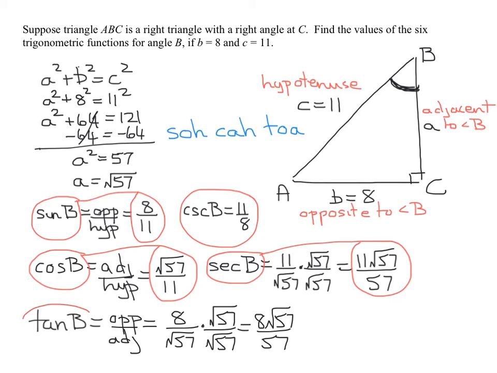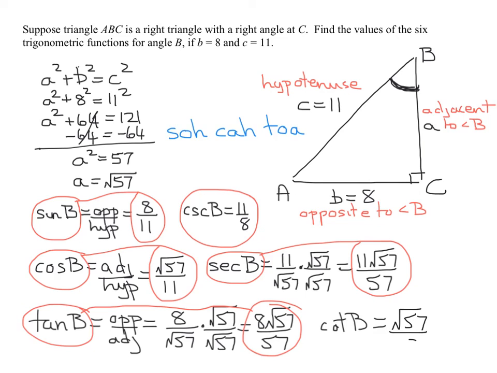So I now know the tangent of B is that. And the cotangent of B is the reciprocal of the tangent function. So just flip this upside down before we rationalize the denominator. So it's going to be the square root of 57 over 8.